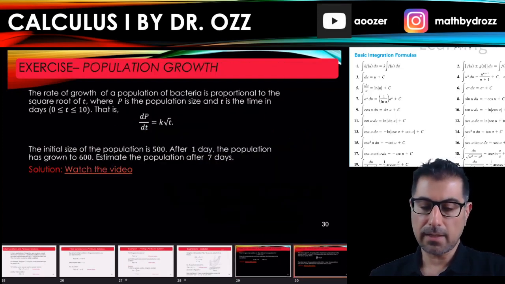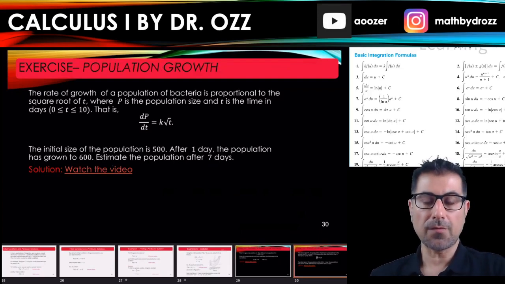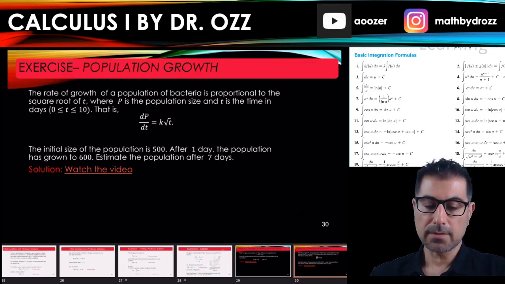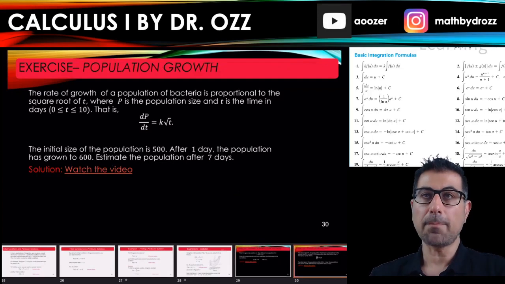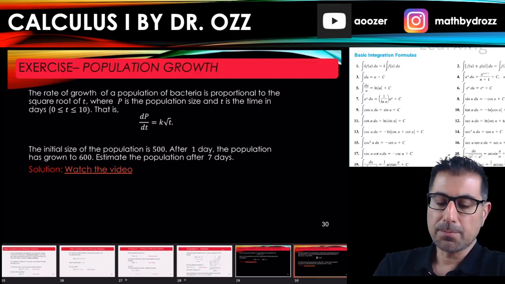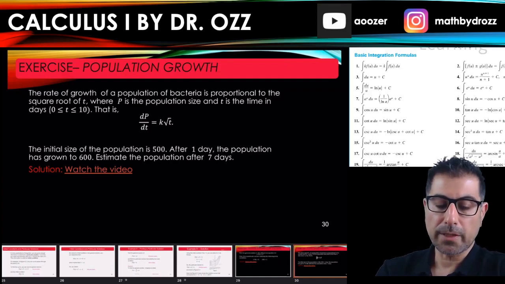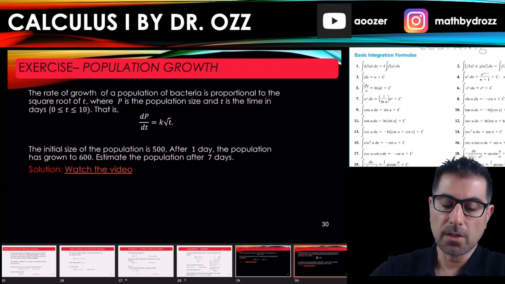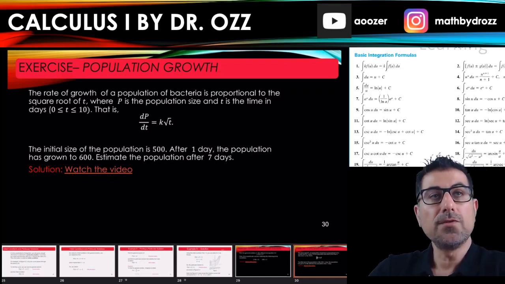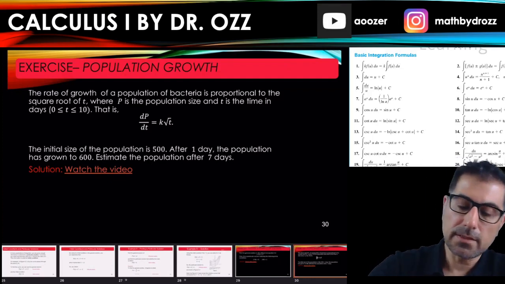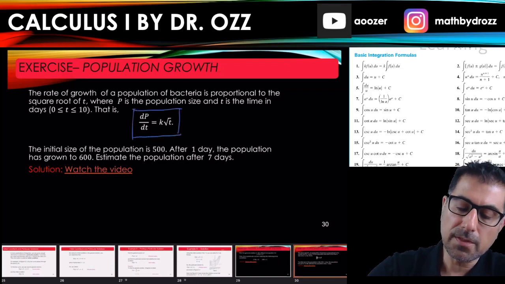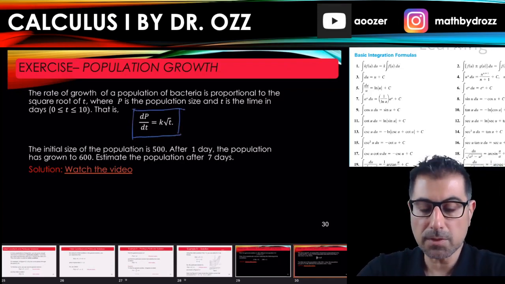And the second exercise that you should probably go through by yourself is the population growth, which is an application problem. The rate of growth of a population of bacteria is proportional to the square root of t. In other words, if population size is represented by p, and t is time, then the first derivative of p with respect to time is equal to k times the square root of t.